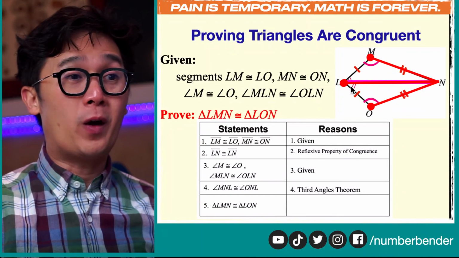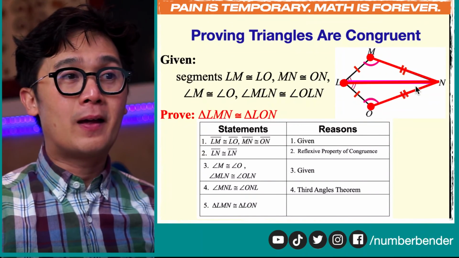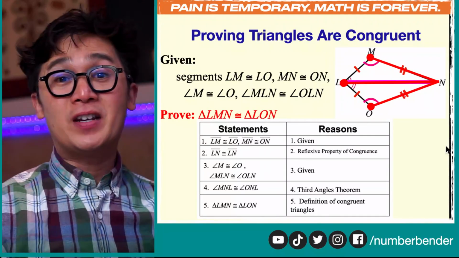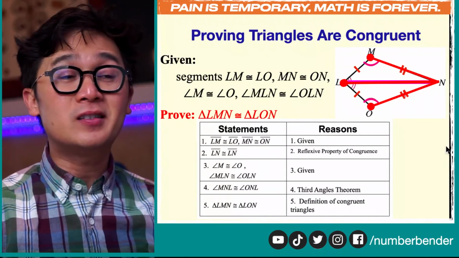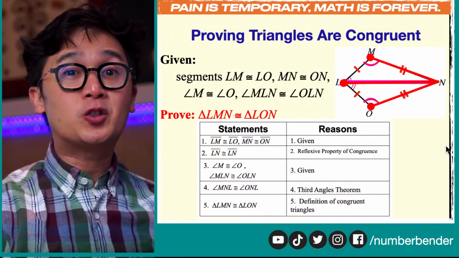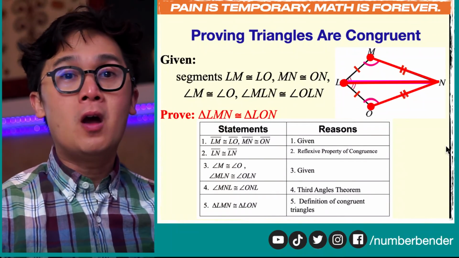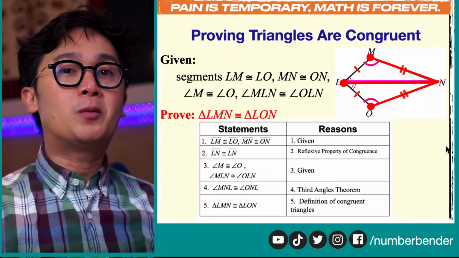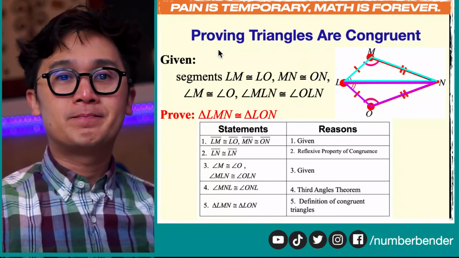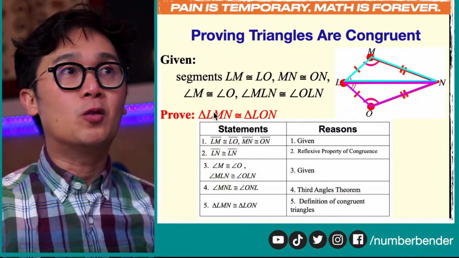So now we know, using the definition of congruent triangles, that triangle LMN is congruent to triangle LON. So this is how we use the two-column proof when we're working with problems similar to this one. And now we're able to prove this statement that we started with a little while ago.